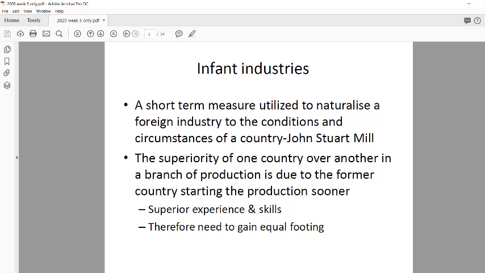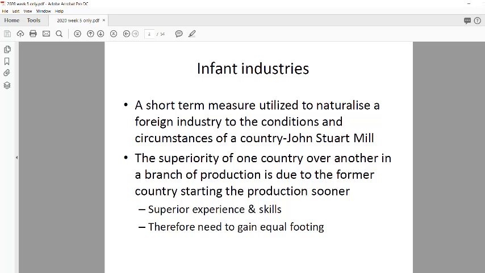Another part of this that you need to know is that sometimes in the production process, being the first in the industry usually gives you an advantage over another firm.